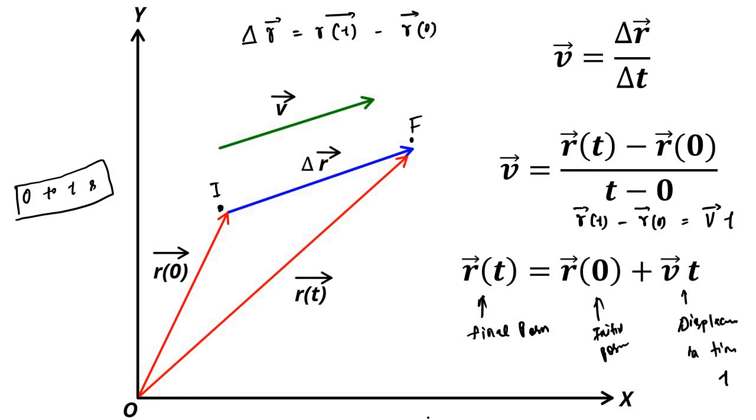So it was initially at this position r0, it covered a certain displacement in the time interval t, it is added to the initial position, and the resultant we got is the final position F. Okay, final position is initial position plus displacement. This is the basic thing.